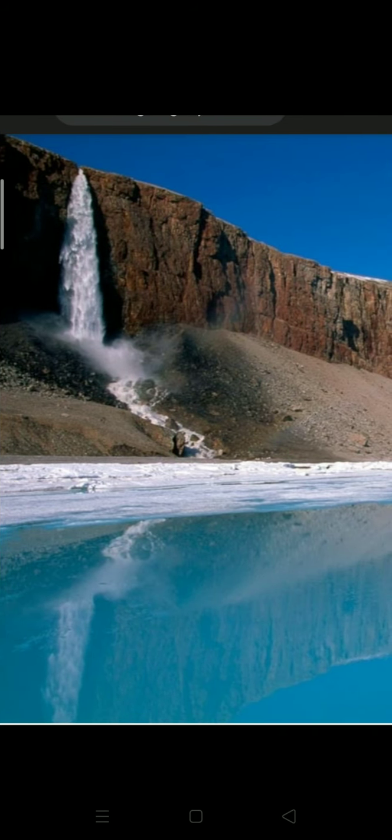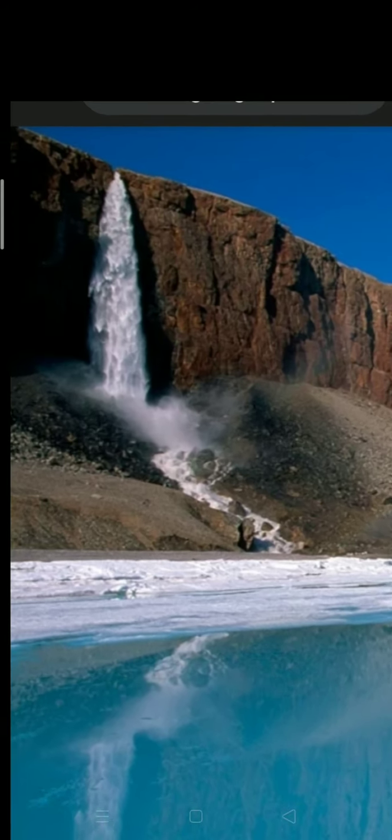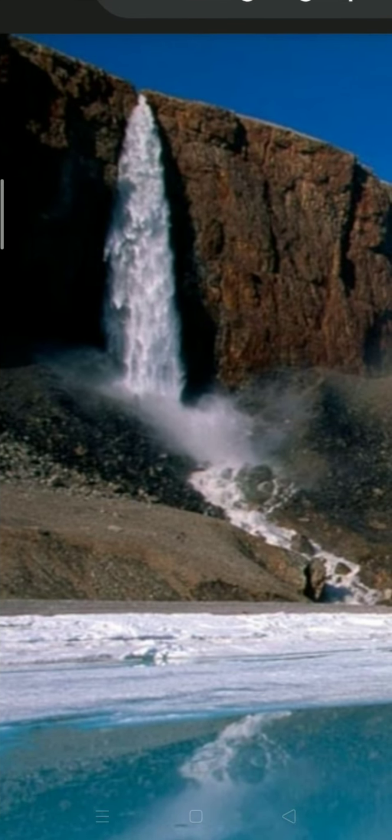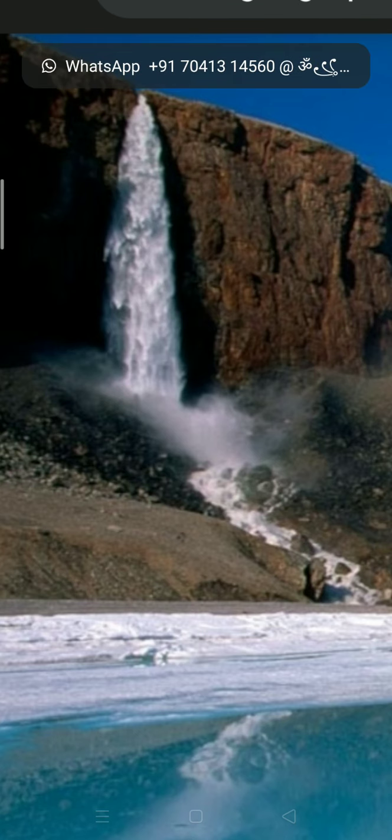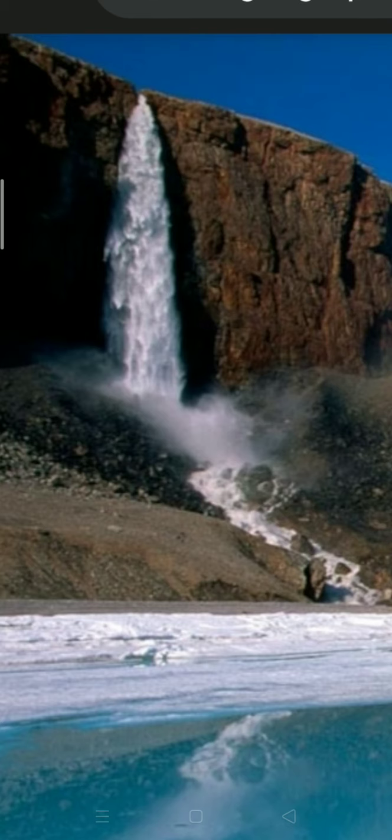Now see, because of erosion, can you see this waterfall? Now what happens, kids, when water falls from a height? Can you see this mountain over here? Behind the waterfall, that rock is eroded. Slowly, the rock is broken into pieces.